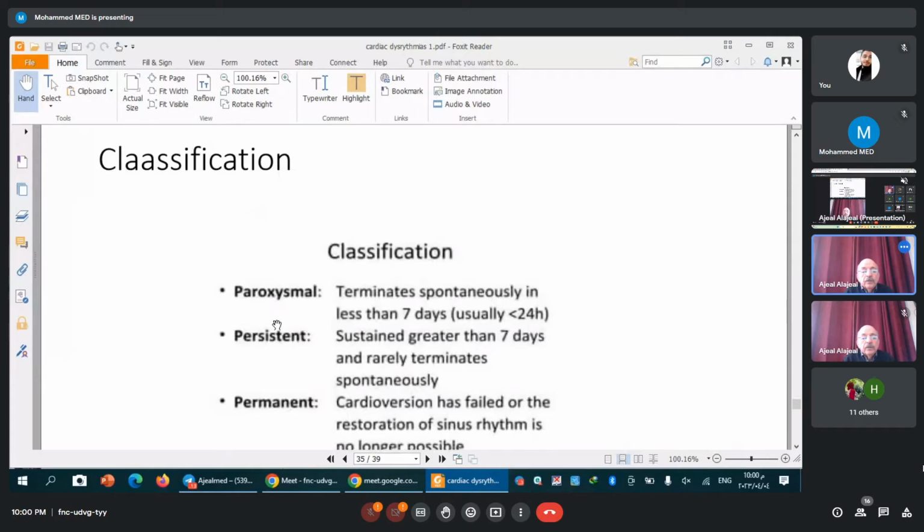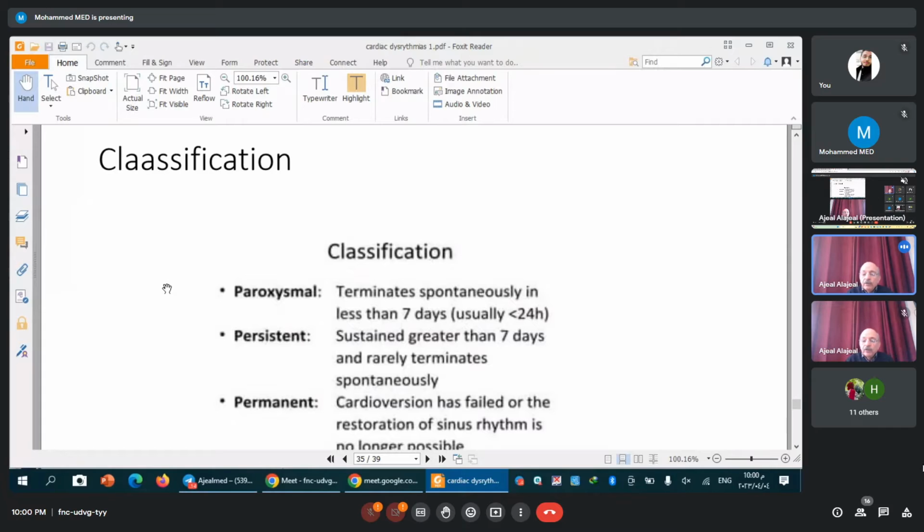Classification of AF. It could be paroxysmal. Paroxysmal means on and off. And by the way, this is even worse than permanent atrial fibrillation from the point of view of embolization. Because when the atria is fibrillating, an embolus will form. And when the heart resumes sinus rhythm, atrial contraction will come back and it will dislodge a thrombus.